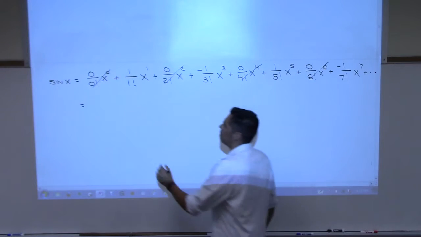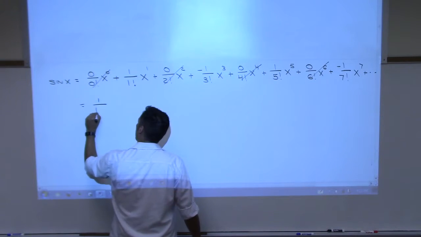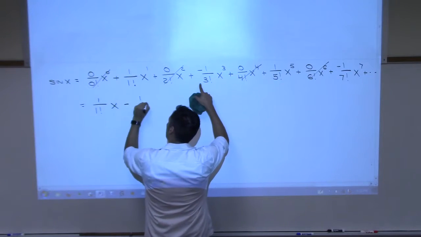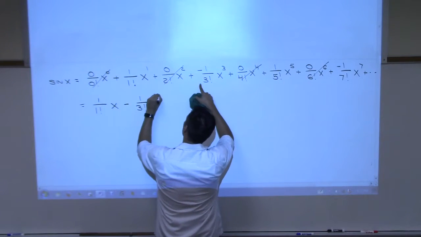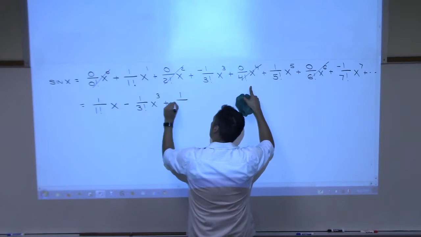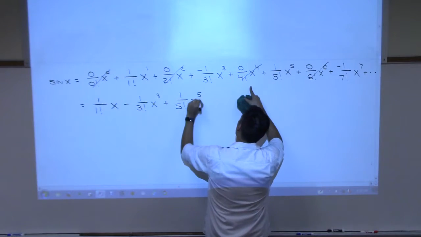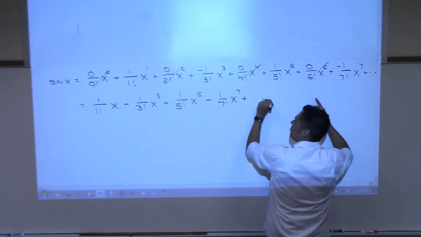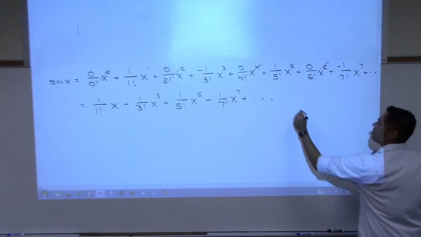Let me write it down first. We have 1 over 1 factorial x minus 1 over 3 factorial x cubed plus 1 over 5 factorial x to the 5th minus 1 over 7 factorial x to the 7th plus dot, dot, dot. Can you give that to me in sigma notation?